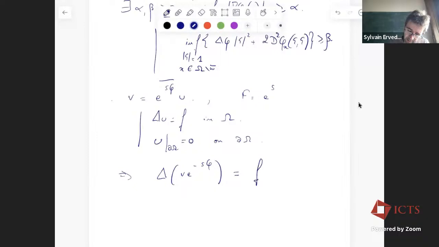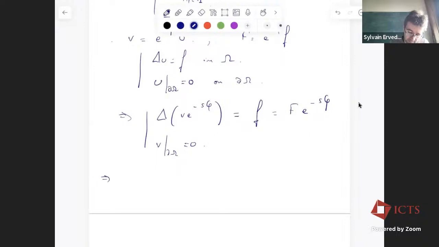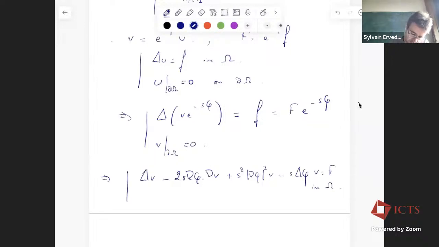So we will set capital F equal to exponential s phi times small f, so that this is f exponential minus s phi, with v on the boundary equals to 0, and this yields the system Laplacian of v minus 2s gradient of phi gradient of v plus s squared gradient phi square v minus s Laplacian phi v equal to capital F in omega, with v on the boundary equals to 0.